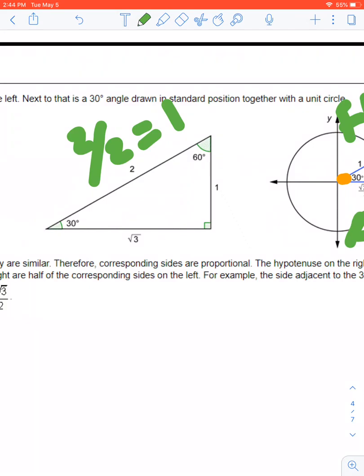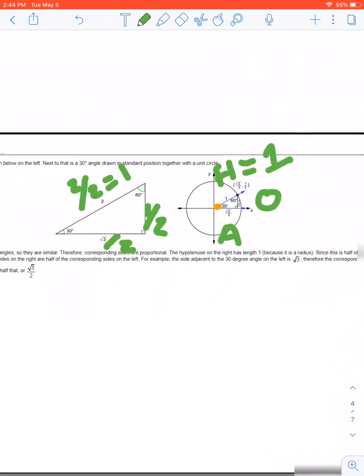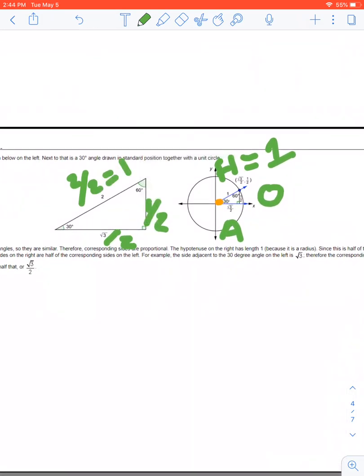So that means that instead of this being 1, this is 1 divided by 2. And instead of that being root 3, that's root 3 divided by 2. Okay? So there's my 30, 60, 90 triangle. And that's how I got those measurements there. So that's how I got that root 3 over 2.